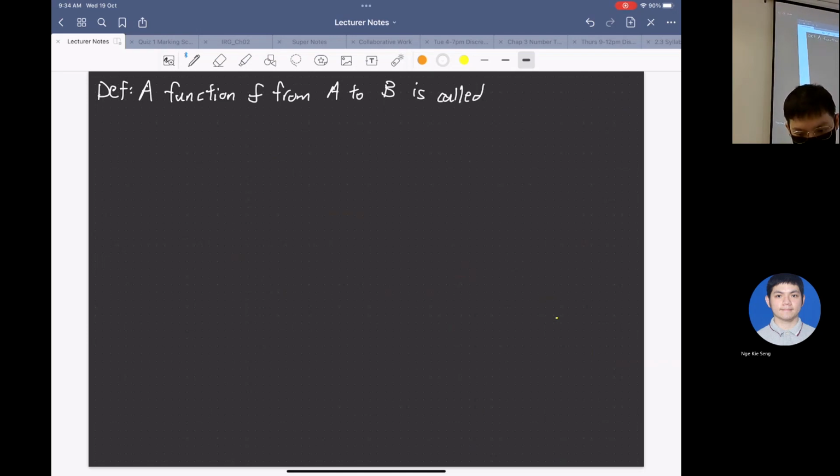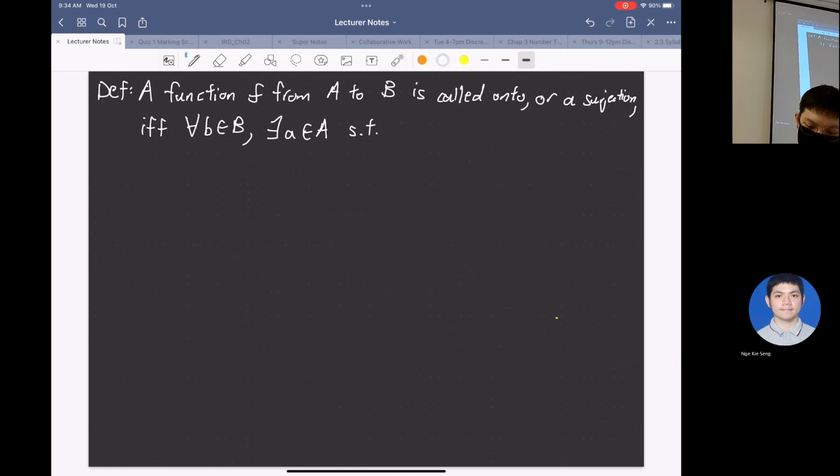So we call it onto, or a surjection, if and only if for all b in the codomain, you can find some element a in the domain such that f(a) equals b.